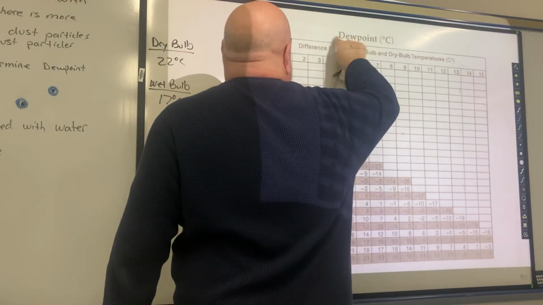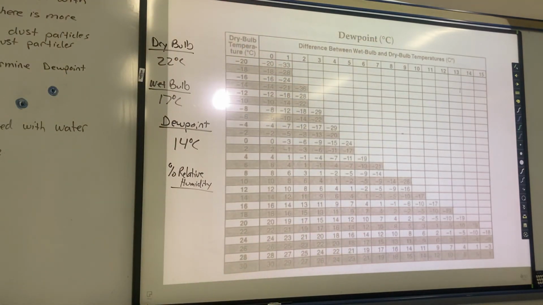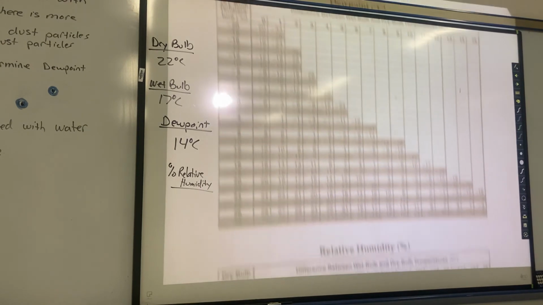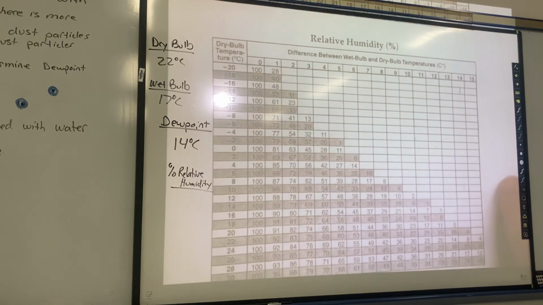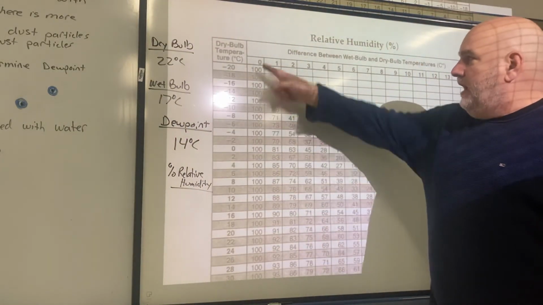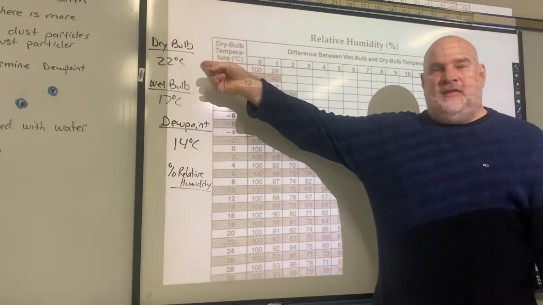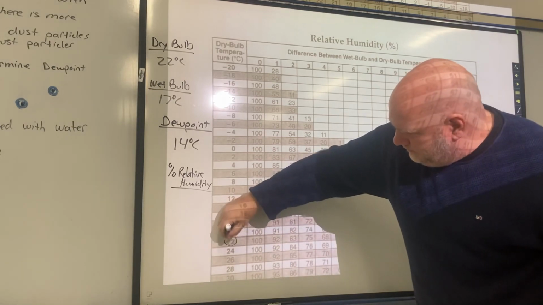I'm going to use the chart that says percent relative humidity on top of it. Again, my dry bulb temperature is that 22 right there, so I come down here and there's 22.